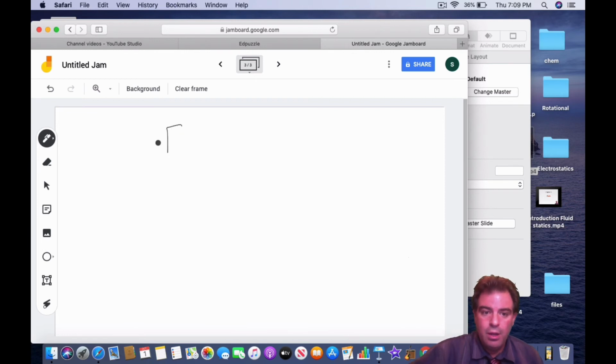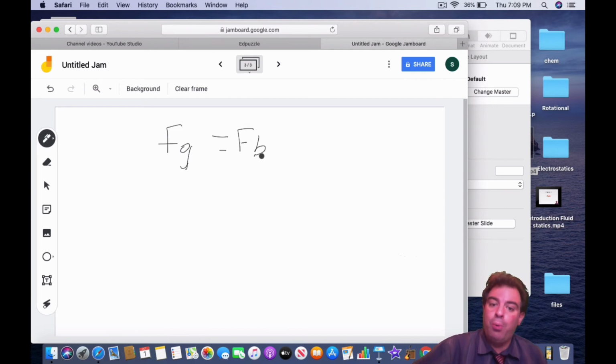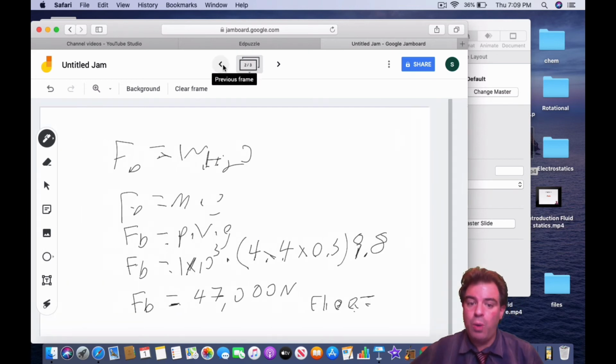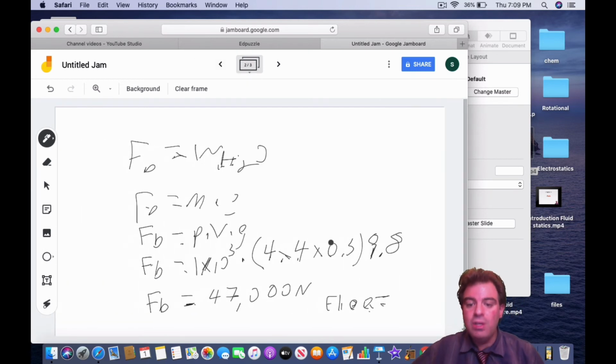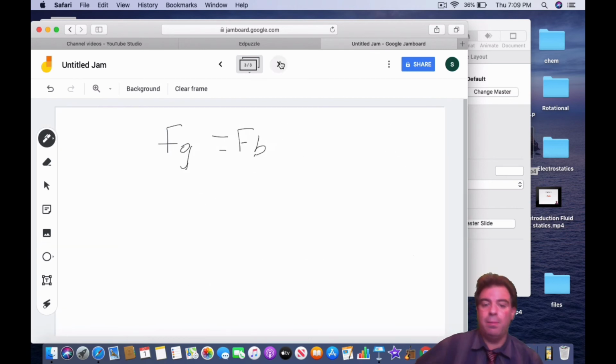So once again, the force of gravity is going to be equal to the force of buoyancy. It's not going to be the total buoyancy we just calculated, because that is the buoyancy for the entire object. Rather, it is submerged only up to the point where the force of buoyancy equals the force of gravity. The force of gravity, we already calculated, is 26,000 newtons.